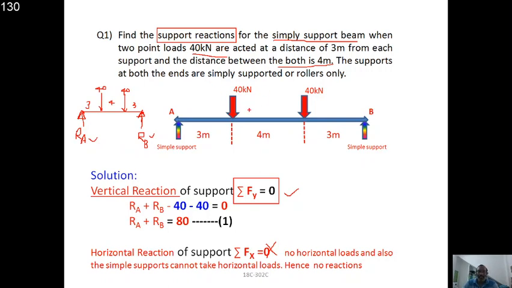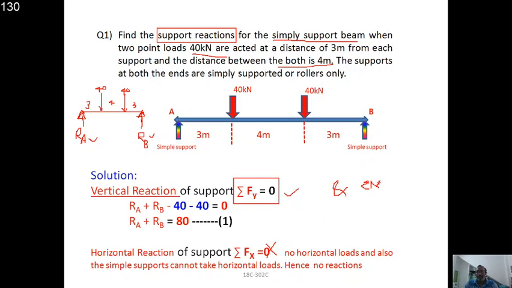So for that I require two equations. Among them, I have the three equilibrium condition equations: sigma Fx equal to 0, sigma Fy equal to 0, and sigma Mz equal to 0. Sigma Fx is not useful for this condition. Hence, I am left with only two equations: sigma Fy equal to 0 and sigma Mz equal to 0.